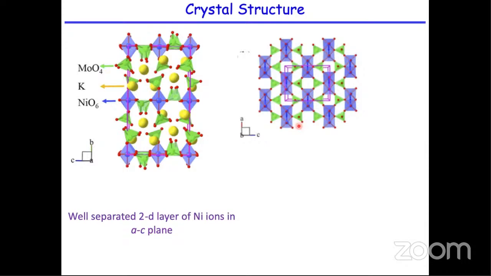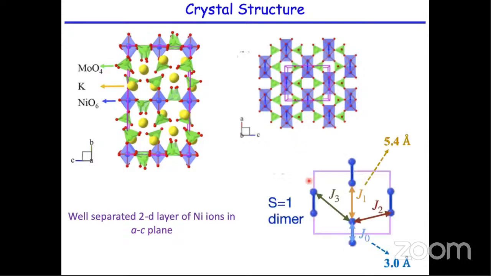And if we look at the distances and also the corresponding magnetic exchange interactions, we see that the distance between these two nickels, which we believe form a structural dimer, is 3.0 angstrom, and the distance between the dimers is relatively large, 5.4 angstrom along the a-axis, and this one is 5.6 angstrom.